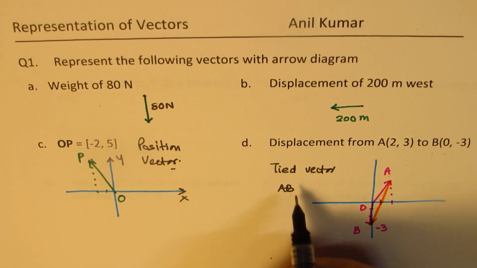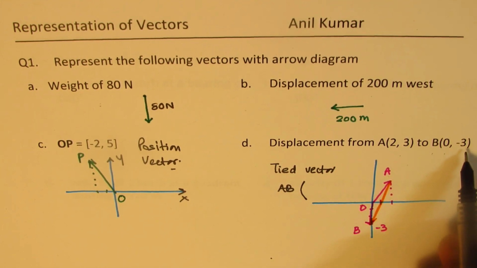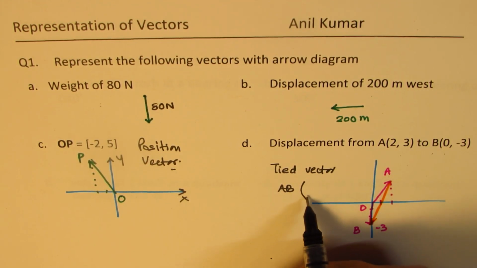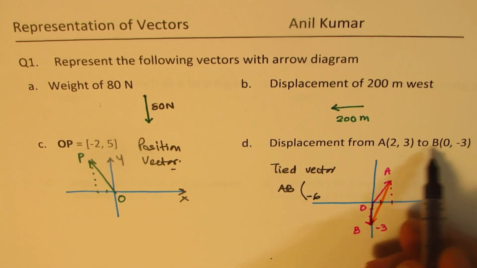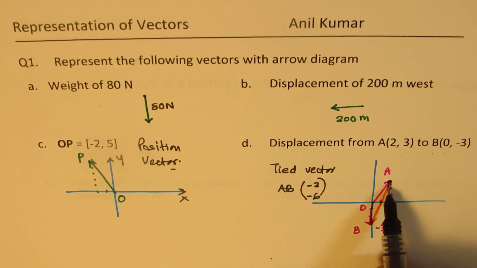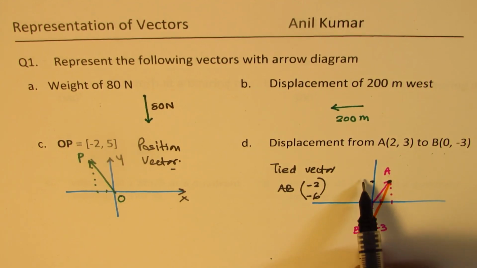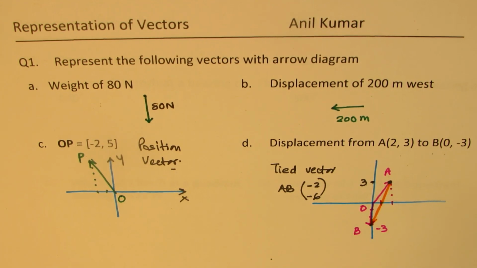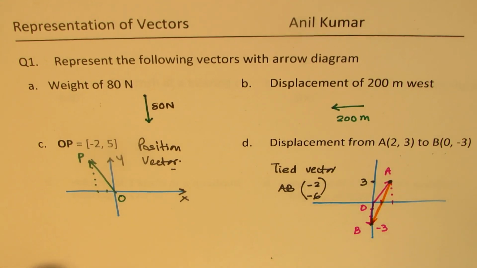And actually speaking, this vector could be written as this minus that, which is minus 3 minus 3 will be giving us minus 6 and 0 minus 2 as minus 2. So if you look from this position, you have to go 2 units left and 6 units down to get to this position. Do you understand? So AB is this vector. Perfect. So that is a vector where tail is at A and head is at B. So hope this concept is absolutely clear.